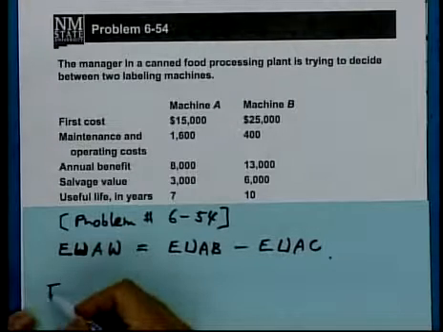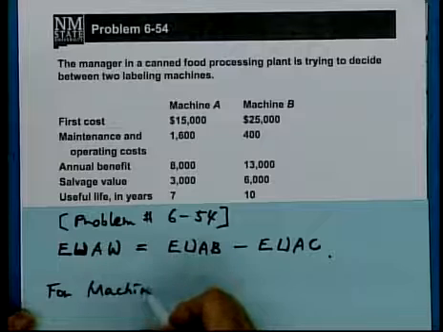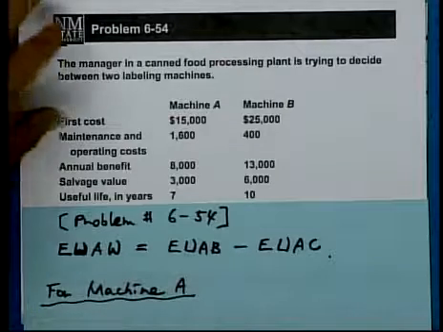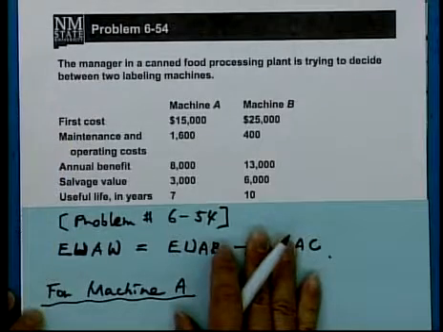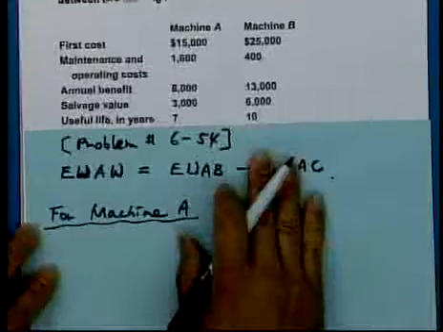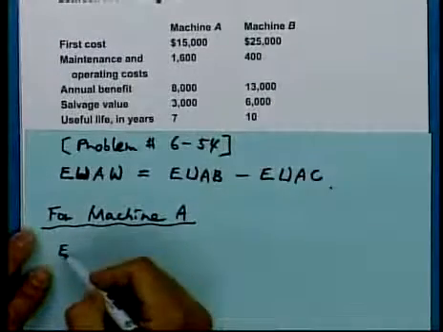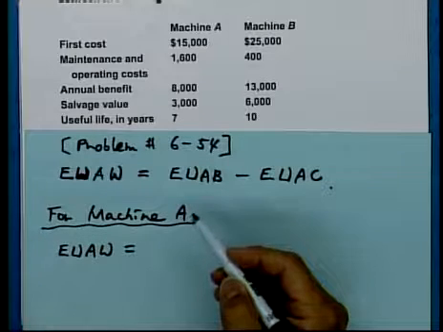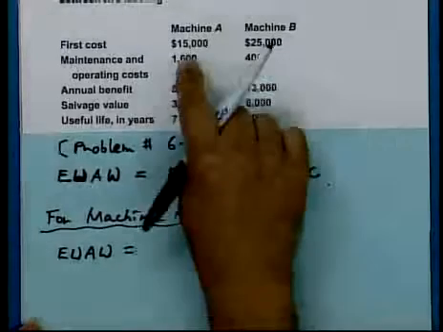So for machine A, equivalent uniform annual worth would be first cost.